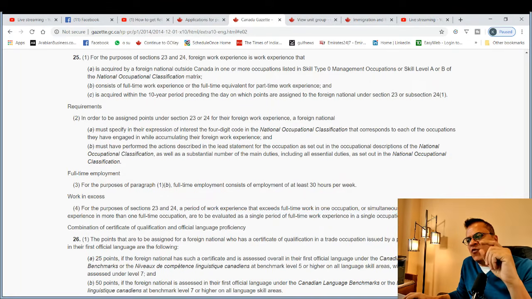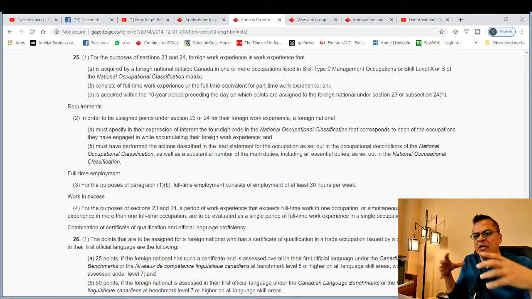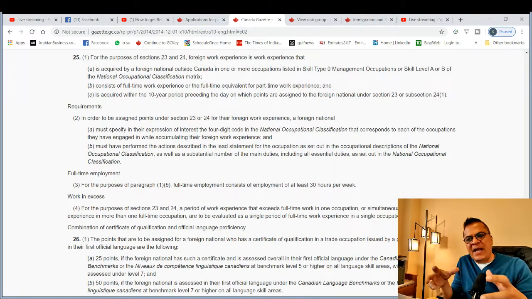Even if you try to combine them at one point in time, it can be claimed as only one work experience. You cannot say you were doing several jobs at the same time and claim for different jobs. It has to be only for one.